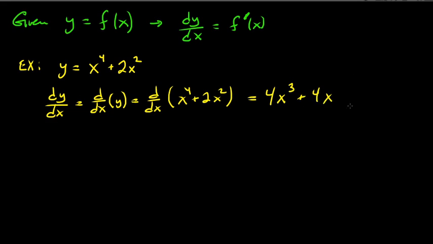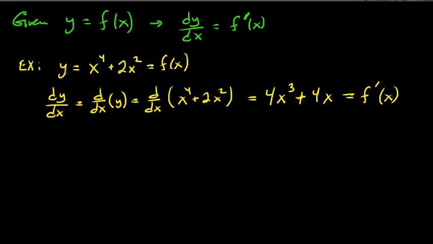And the derivative is the slope of the tangent line at x, or the instantaneous rate of change of the function. In other words, if this is my f of x, then this becomes f prime of x. That becomes the derivative. But it's only the first derivative.